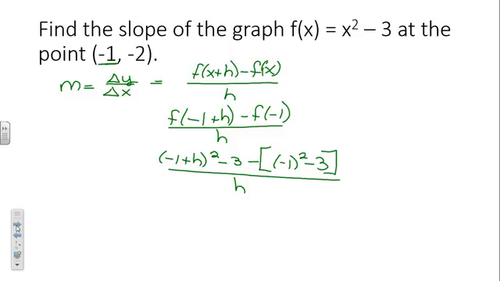Right, because what's happening is this is now our new x, okay? And this was the old x, okay? So what is negative 1 plus h quantity squared?